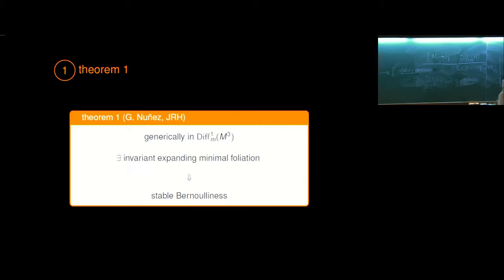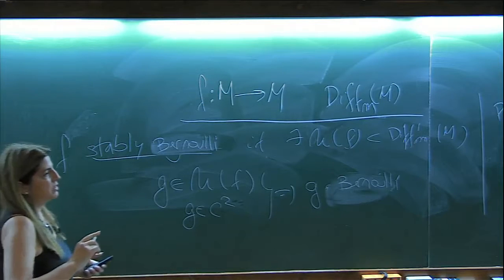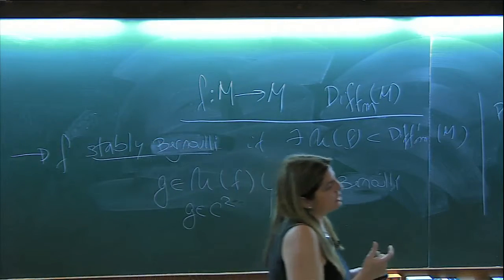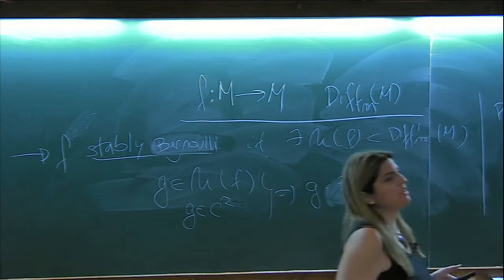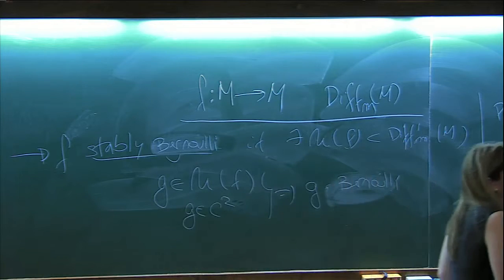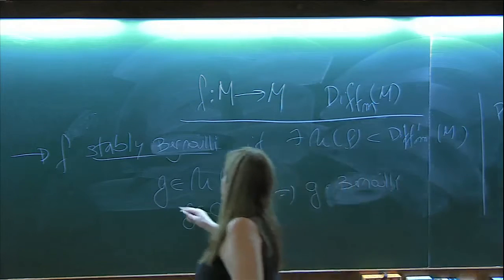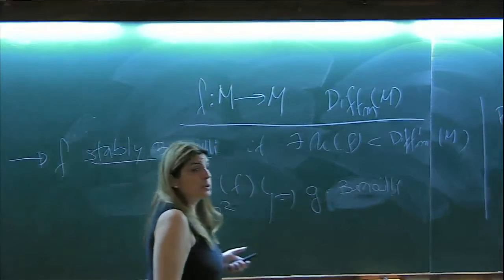And there's a subtle difference from ergodicity, because ergodicity is a generic property, a G delta property. So if you have a dense set of ergodic systems, then they are generic. But Bernoulliness is not known, at least that I know, to be a G delta property. So you could have a stably Bernoulli diffeomorphism which is not Bernoulli.